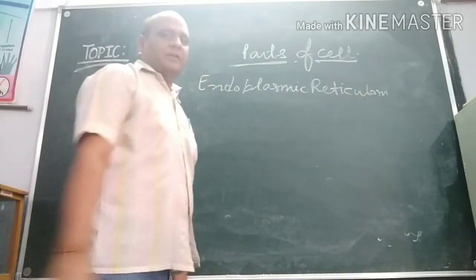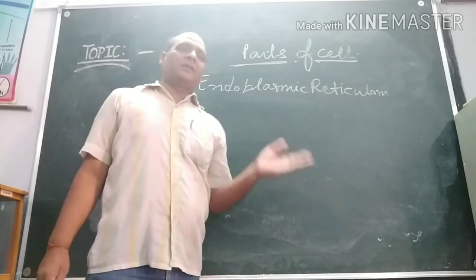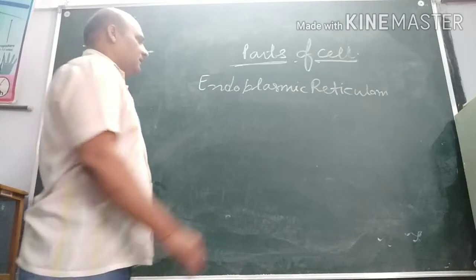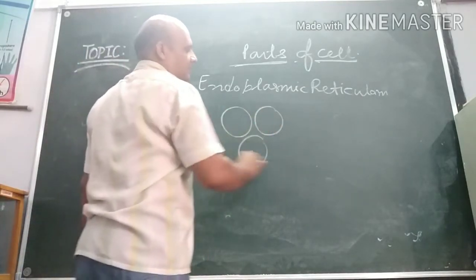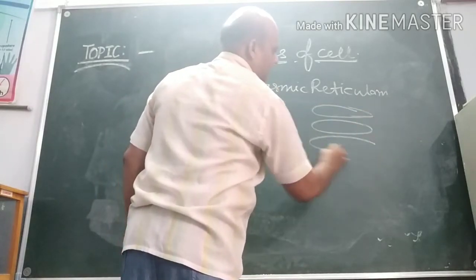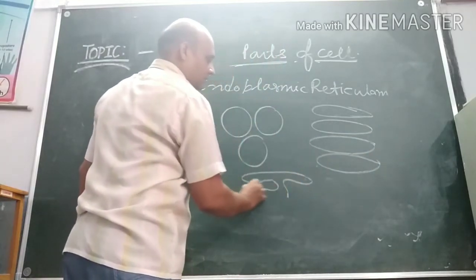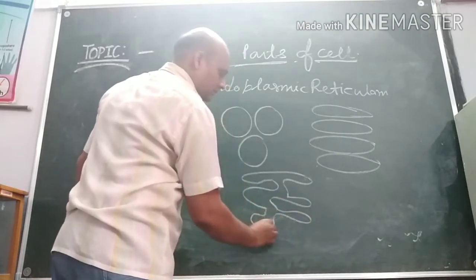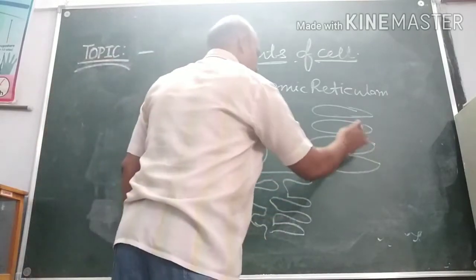The endoplasmic reticulum, shortly known as ER, is a network of cisternae, tubules and vesicles. It is found in different shapes and sizes.